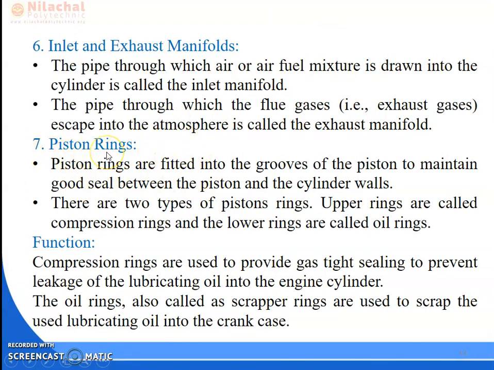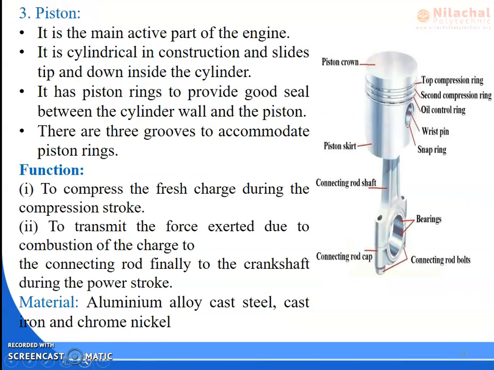Then is your piston ring. You know that in the piston there are 3 rings. So what is the function of the piston ring? It acts as a good seal between the piston and the cylinder wall. The upper ring is called the compression ring and the lower ring is known as the oil ring. You can see here the top compression ring, then the secondary compression ring, then the oil ring.